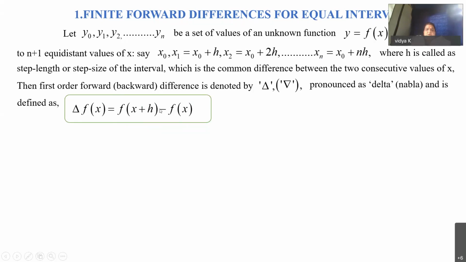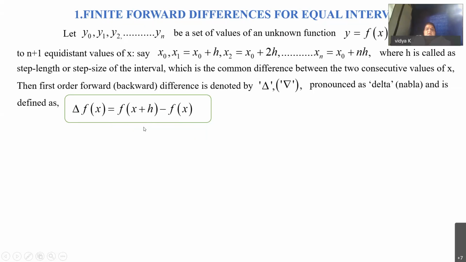You have to take the difference with the value you need, f of x. So from the term itself, you understand what the first order forward difference is. It is the difference between the next value of y, or f of x plus h, minus that y, or f of x itself. This is how in general we define the first order forward difference.